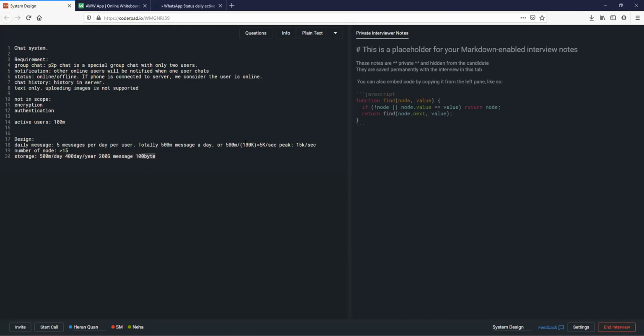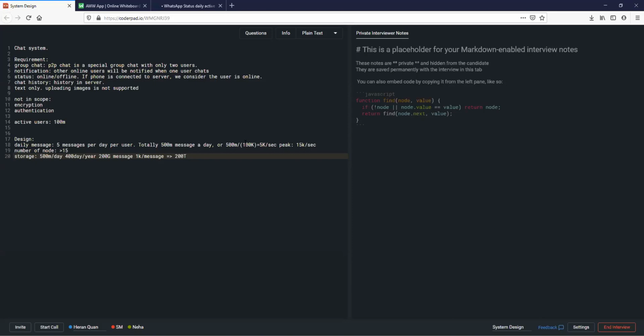Yeah, maybe 1K. So 1K per message means we have storage of 200 terabytes per year.